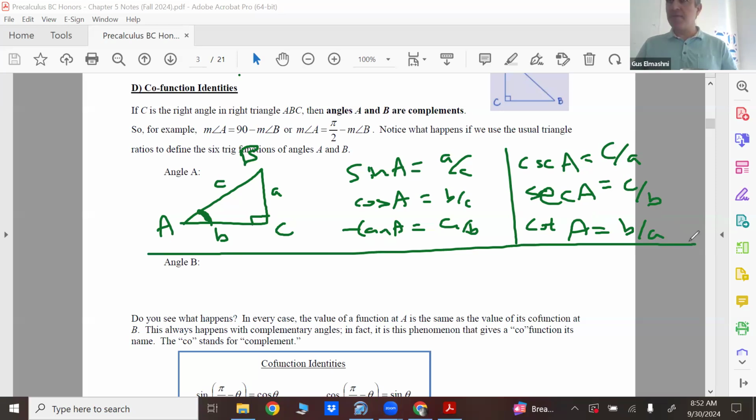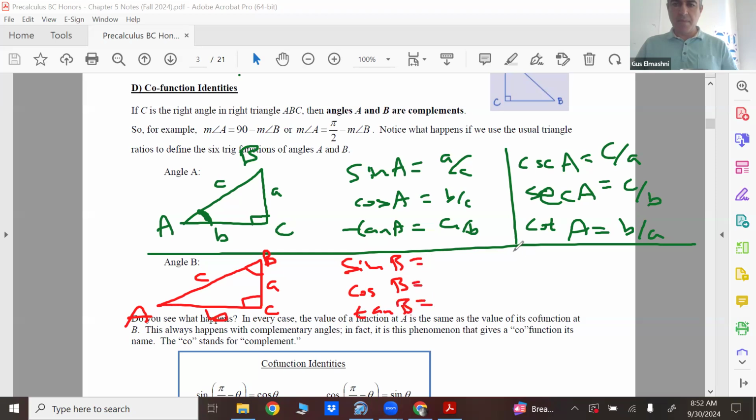So all that makes sense? All right. Now I'm going to use the same triangle, but my focus is going to be on angle B now. I still label the sides the same way. That did not change. So sine B, cosine B, tan B. What's sine of B?